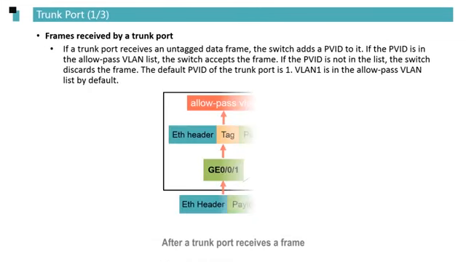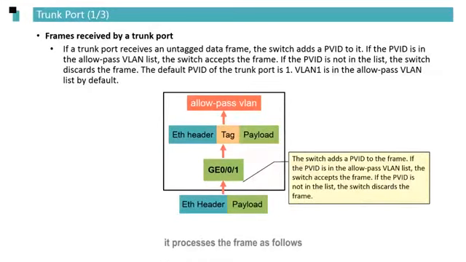After a trunk port receives a frame, it processes the frame as follows. If a trunk port receives an untagged data frame, the switch adds a PVID to the frame. If the PVID is in the Allow Pass VLAN list, the switch accepts the frame. Otherwise, the switch discards the frame. The default PVID of the trunk port is 1.